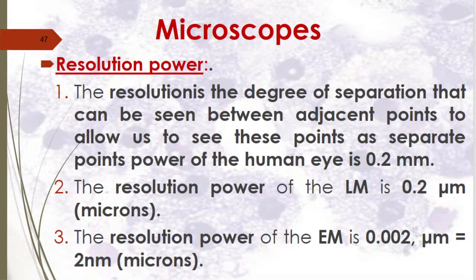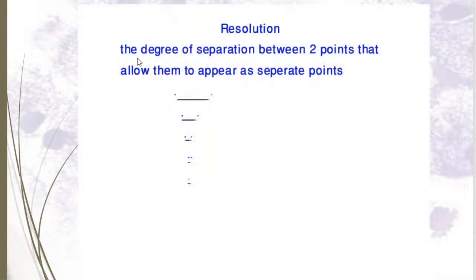The resolution power of the human eye is 0.2 millimeters, the resolution power of the light microscope is 0.2 microns, and the resolution power of the electron microscope is 0.002 micrometers, and sometimes more than that, 2 nanometers. Look, this is an example. What does it mean? Separation between 2 points. If you see it here, it is very well visible, but a smaller diameter you will not see.